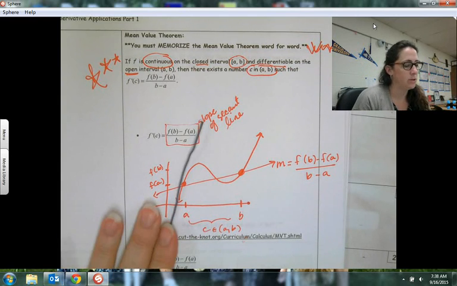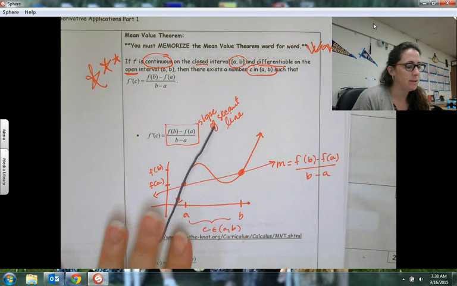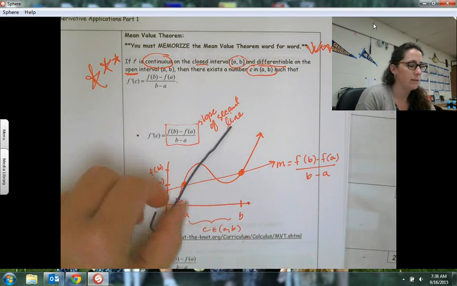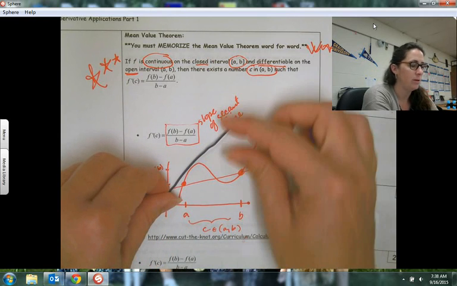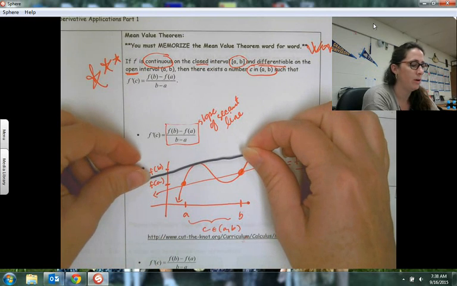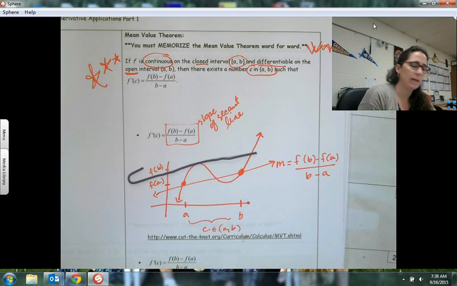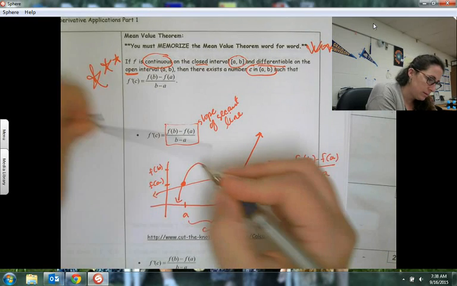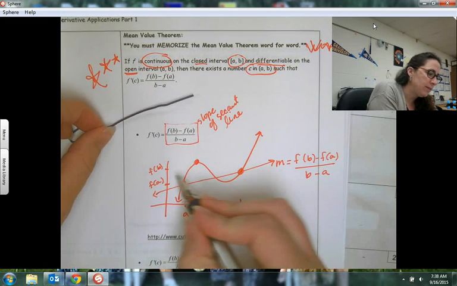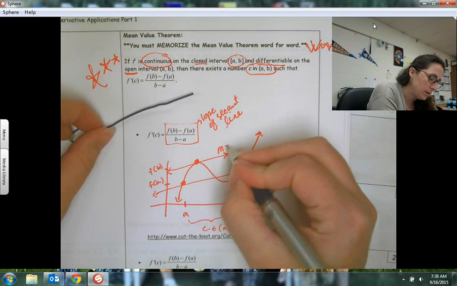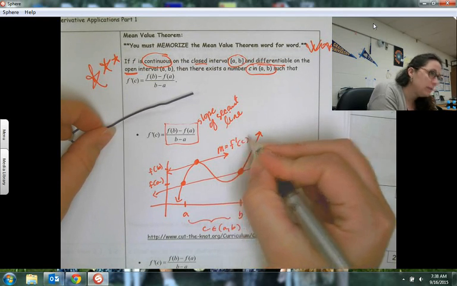So if I look at it, is this slope the same? Nope, let's keep going until we get a slope that's the same. Oh, stop. Okay, so it looks like I have one about right here, where if I drew that instantaneous slope, these two are equal.